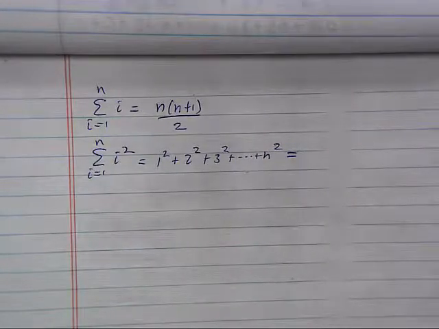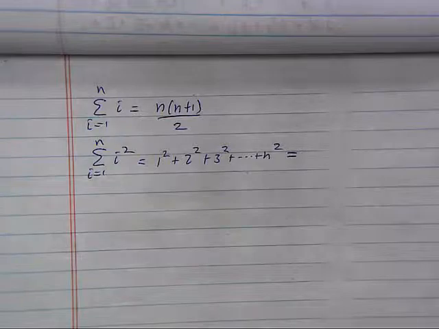Anybody happen to know the formula for that one? That same process. It's just you have to take the same thing and you have to flip it around again. Would you just square it out?